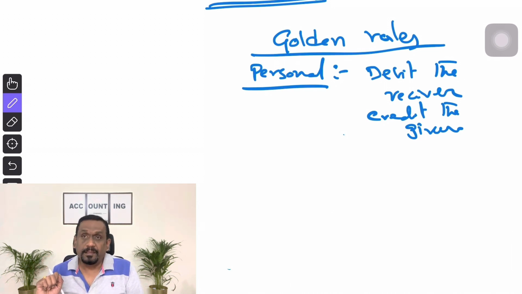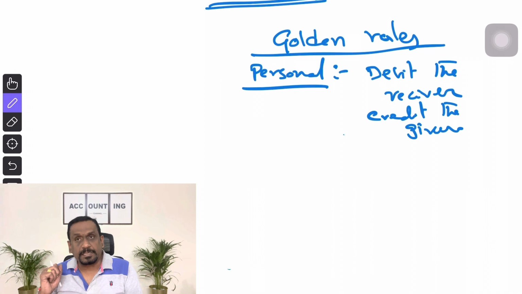You know why? Receiving aspect is known as debit aspect. Giving aspect is known as credit aspect. Receiving aspect in English is named debit aspect in Latin. Giving aspect in English is known as credit aspect in Latin.